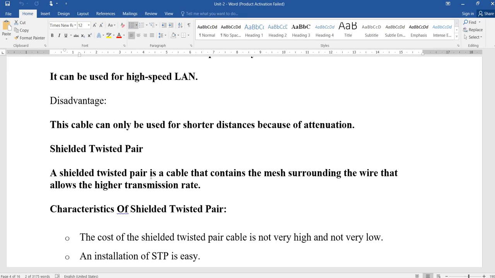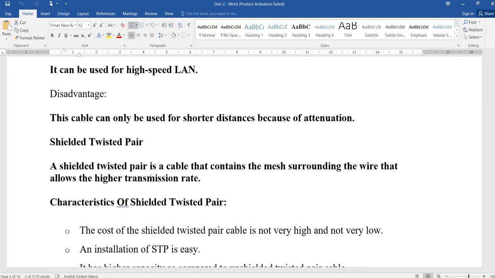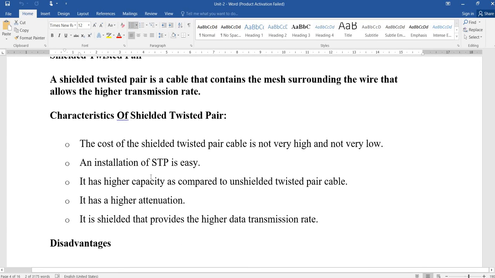One of the disadvantages is that it cannot transmit the data over a longer distance. Okay, it transmits only a short distance, up to 100 meters. Shielded twisted pair is a cable that contains a mesh of surrounding wire that allows a higher transmission rate. So it can transmit higher bandwidth of data.